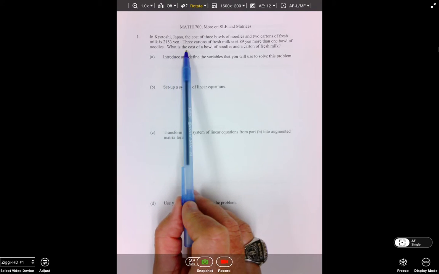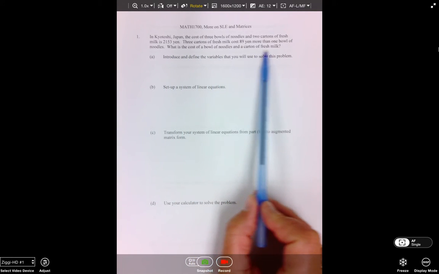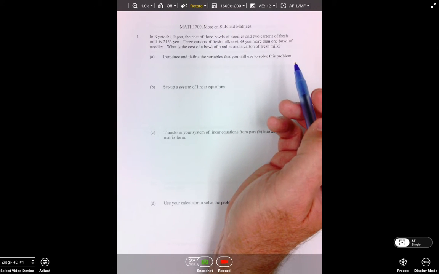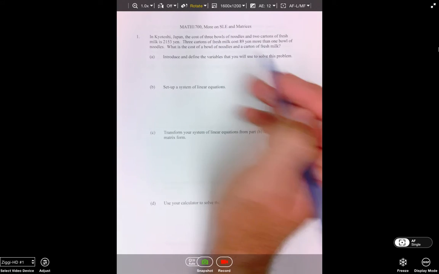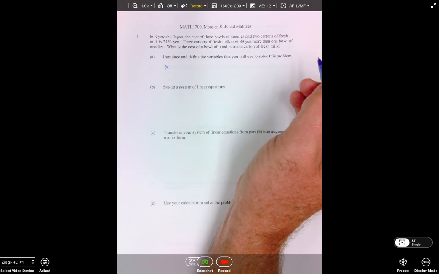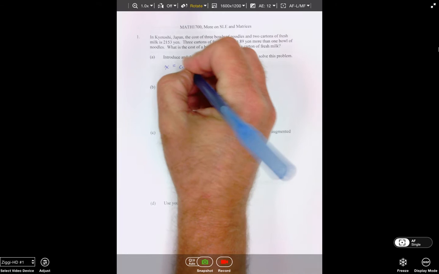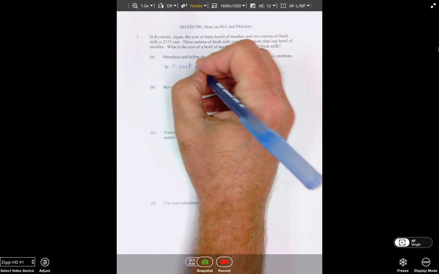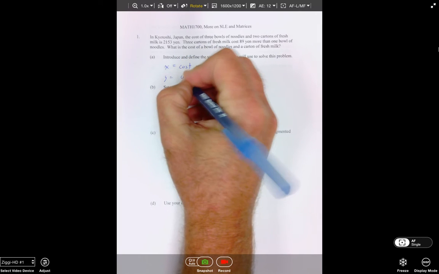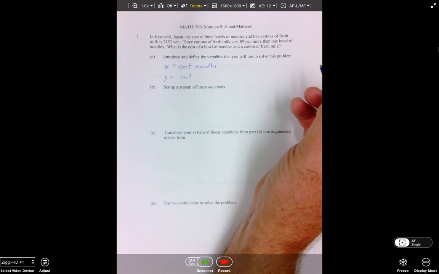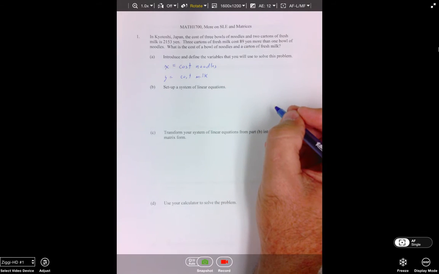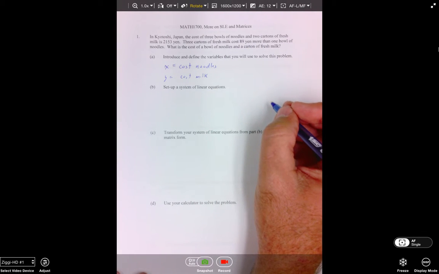So anyway, we got a problem here. I always go to the last sentence. What's the cost of a bowl of noodles and a carton of fresh milk? So I'm going to do X equals the cost of noodles, and Y is going to be the cost of milk. So I have two variables, two unknowns.